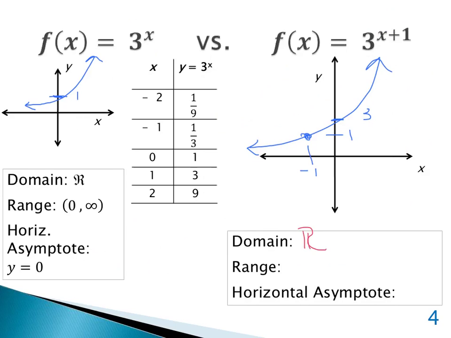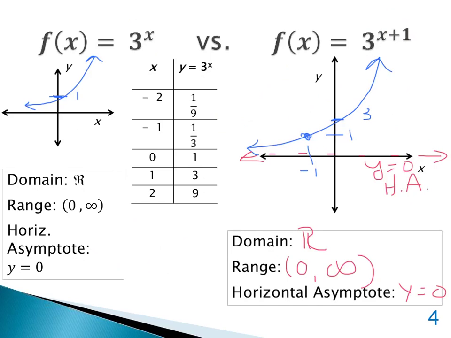Now, for the range, we are still getting 0 to infinity because we still have that horizontal asymptote here. Y equals 0 is a horizontal asymptote, and you can mark it like that. So all we've done by adding 1 to this exponent is shift it 1 to the left.